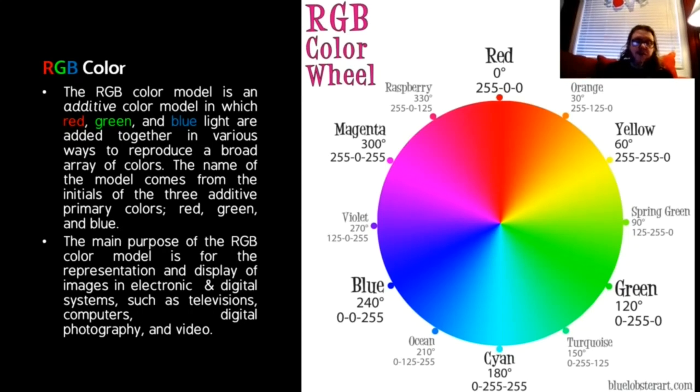So the main purpose of the RGB color model is for the representation and display of images in electronic and digital systems, such as televisions, computers, digital photography, and video. Again, in all of these, the case is that light is what's being used. There's a whole thing we could get into.